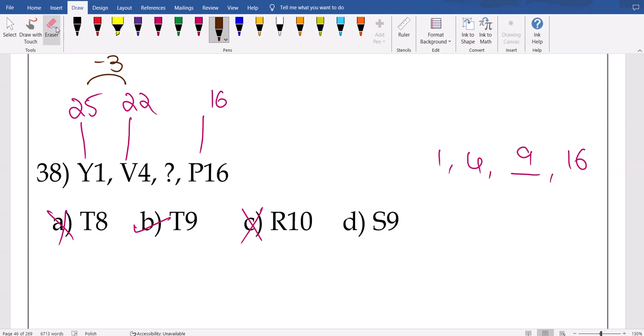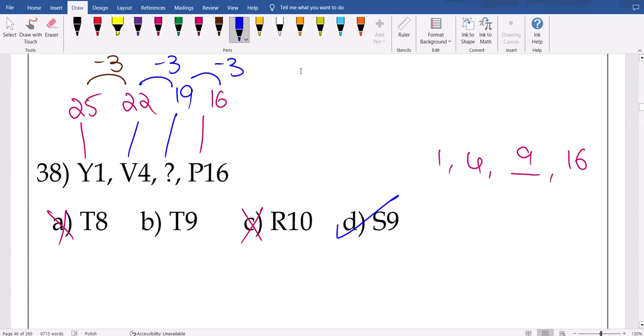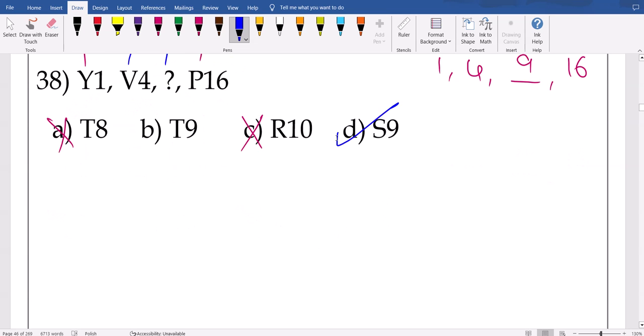Oh, yes, 9. All minus 3, minus 3. Perfect. So T came 2 times, T going is not suitable. So we have to go for S9. Logic.